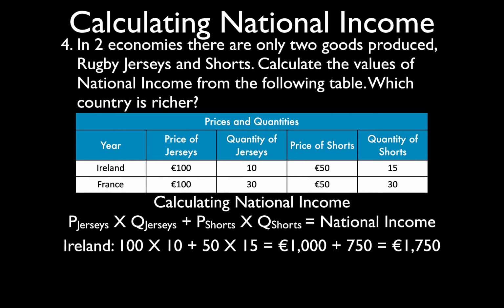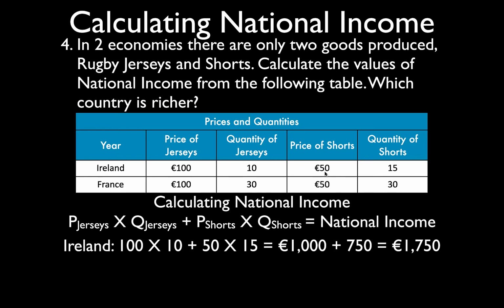So if we were to look at Ireland's case, there were 10 rugby jerseys. Each of them was valued at €100, so it's 100 by 10, which gives us a value added to the Irish economy from the production of rugby jerseys equal to €1,000. And then for rugby shorts, 15 of them were produced, and each of them was valued at €50. And how do we know they were valued at that?